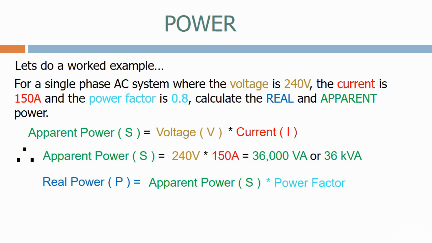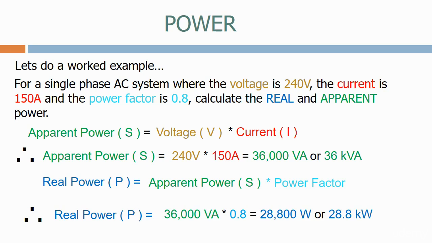Real power P is the apparent power times the power factor. Therefore, the real power P is 36,000 VA times 0.8, therefore equals 28,800 watts, or 28.8 kilowatts.